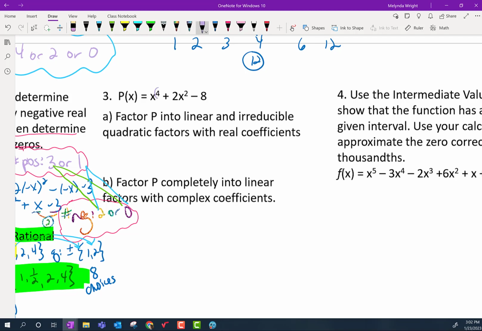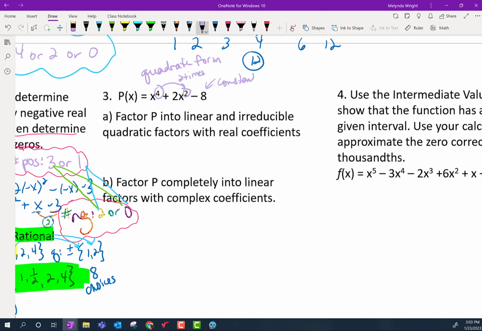This is called quadratic form. Quadratic form because this one, 4 is 2 times the exponent in front of it. It's 2 times the 2 is 4, and this is a constant.